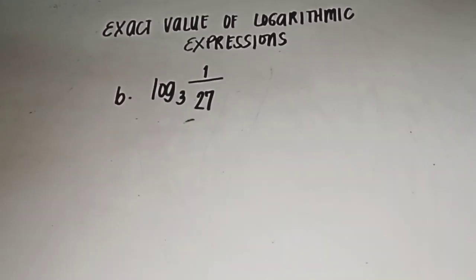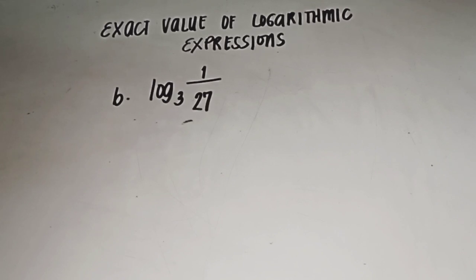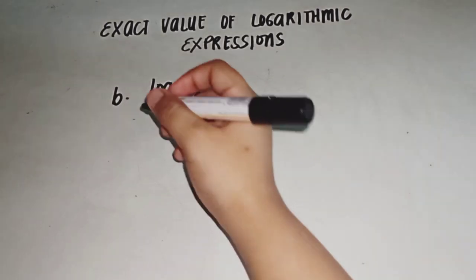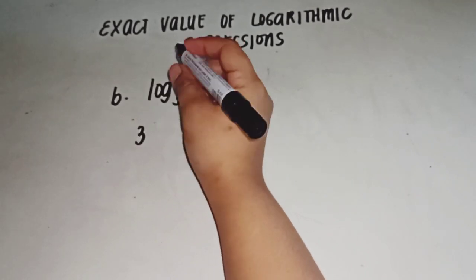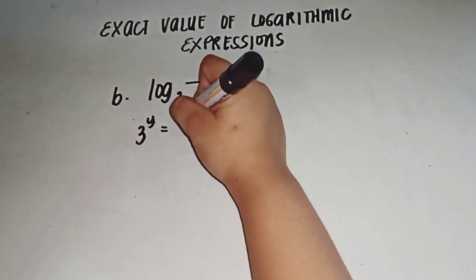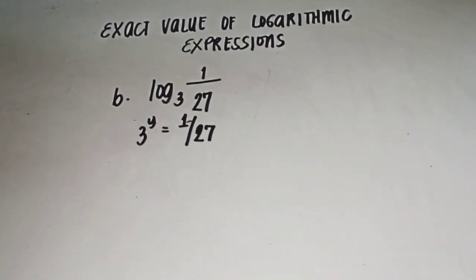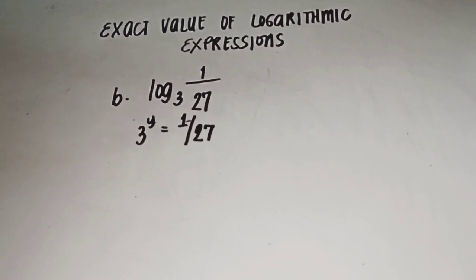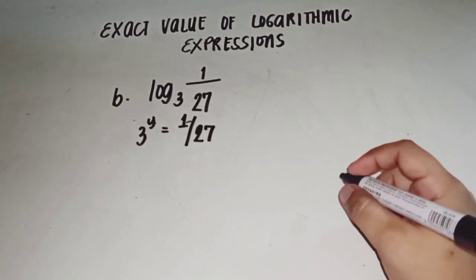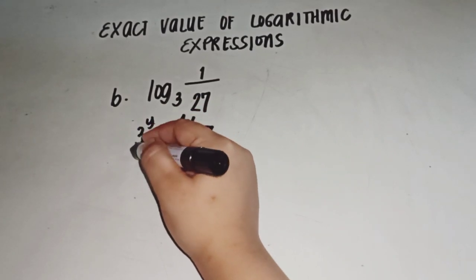Example number 2. We will try to find the exact value of logarithm of 1 over 27 to the base 3. So first we will try to think what is 3 raised to what number will yield 1 over 27. So now we will have to think of a number that will cancel out this base 3.